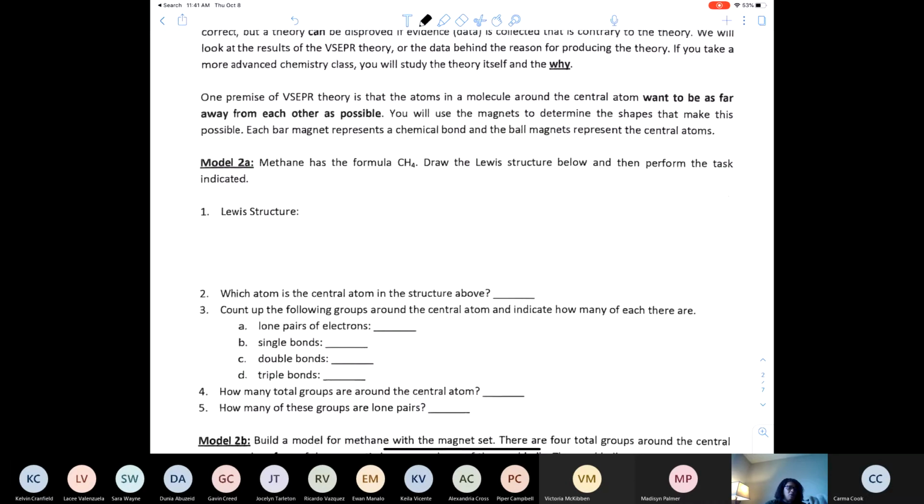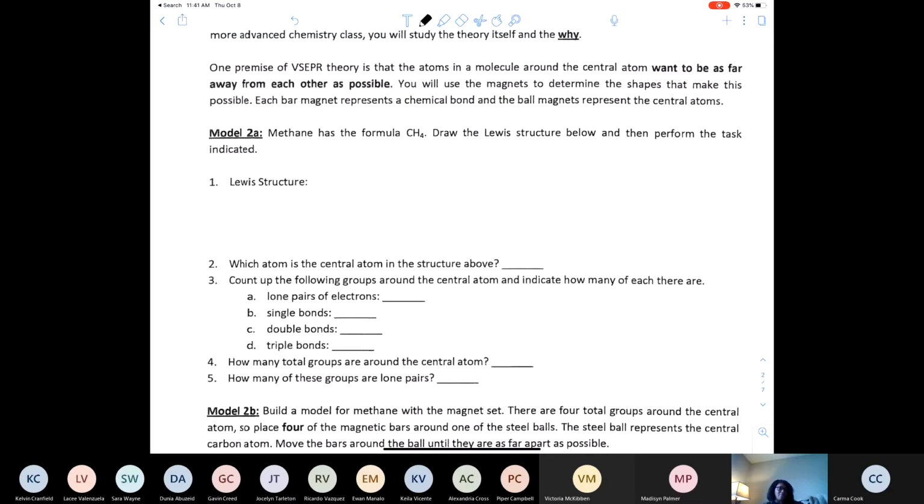Our first model: we've already drawn the Lewis structure for methane, so let's just redraw it.